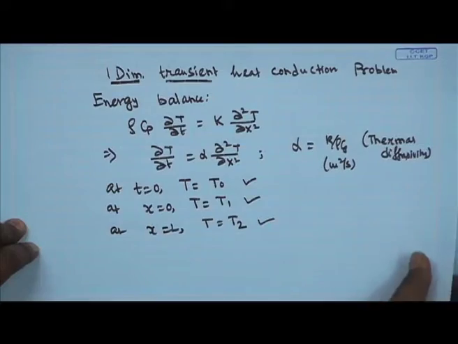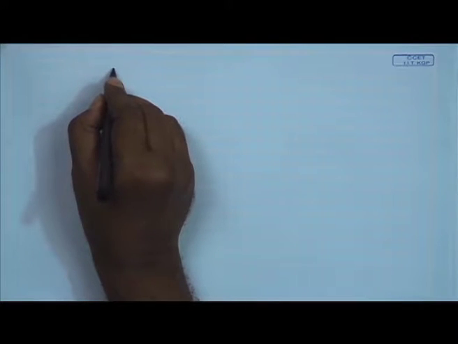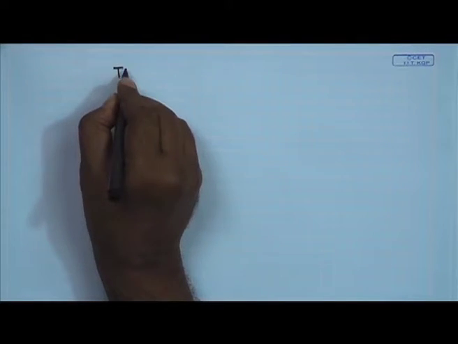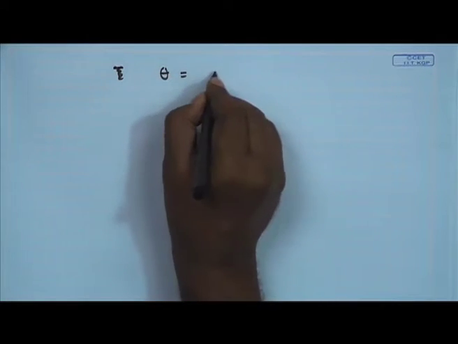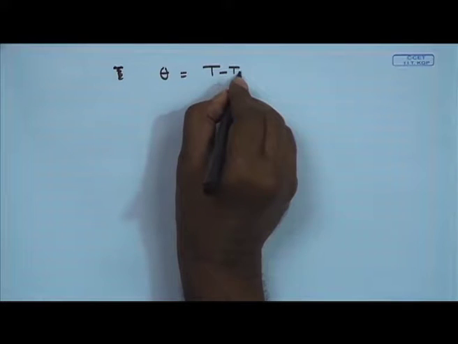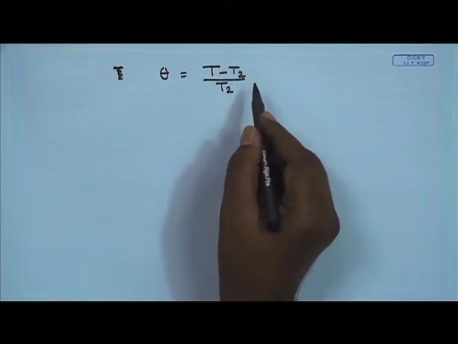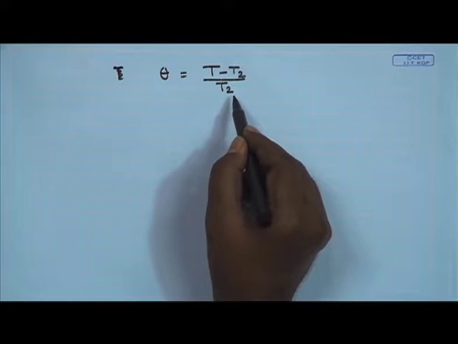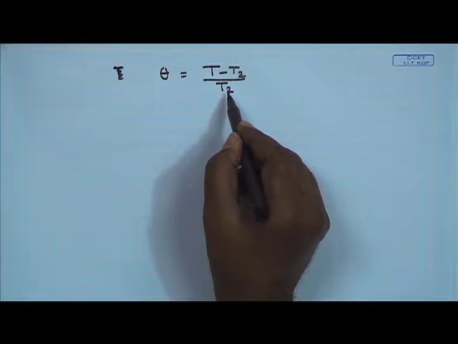Let us define a non-dimensional temperature first. Let us say theta is equal to T minus T2 divided by T2. You can define anything: theta is equal to T minus T1 divided by T1, or theta is equal to T minus T2 divided by T naught.